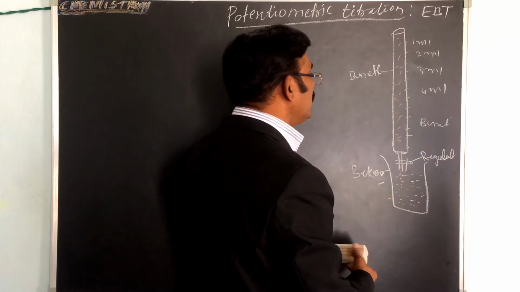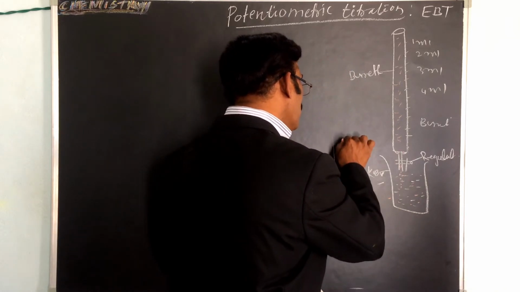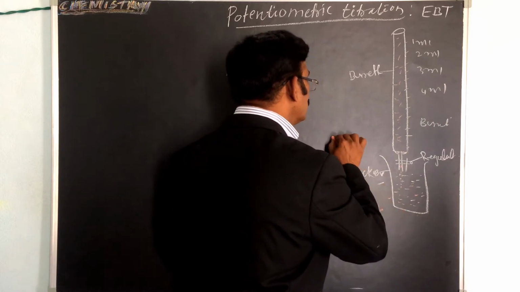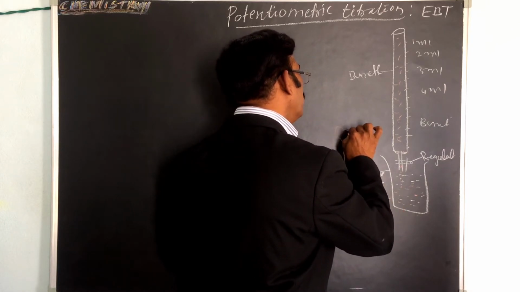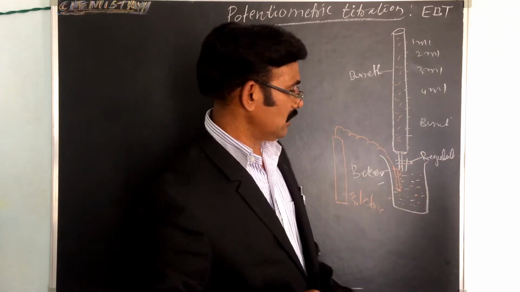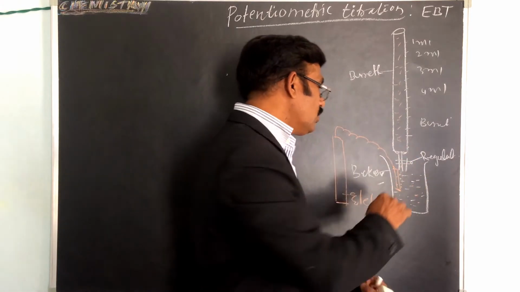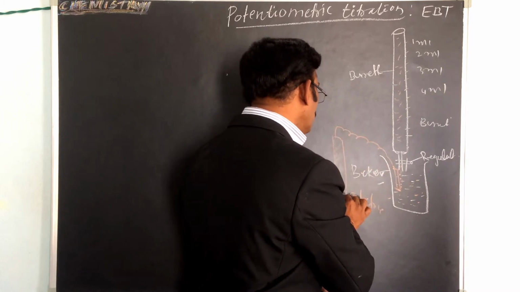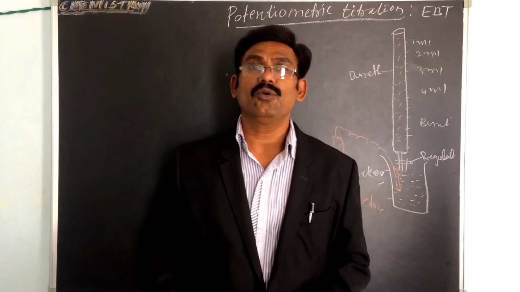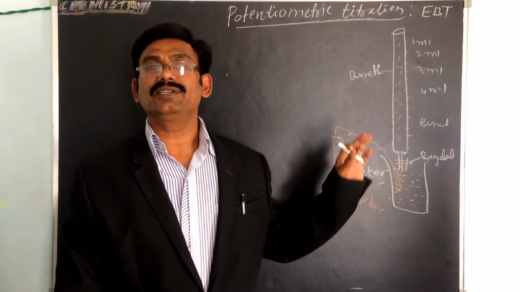So we have to use the electrodes. This is the electrode. What type of electrodes? I will tell you, different reactions have different electrodes. So what happens in this titration?